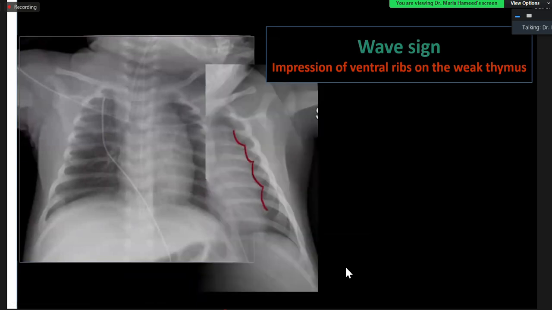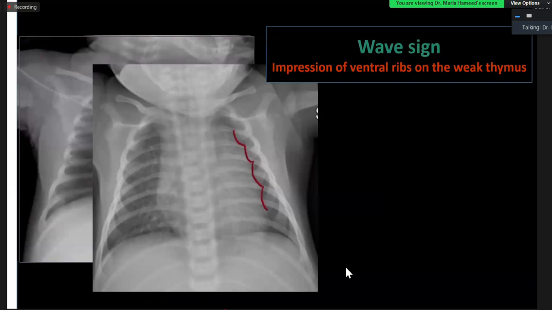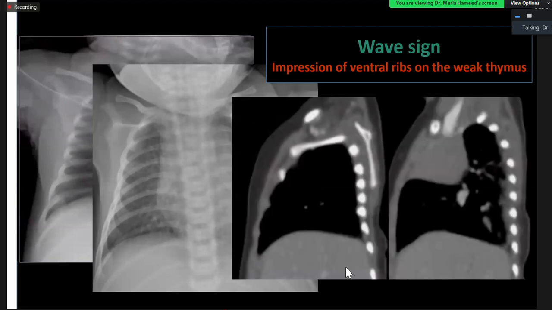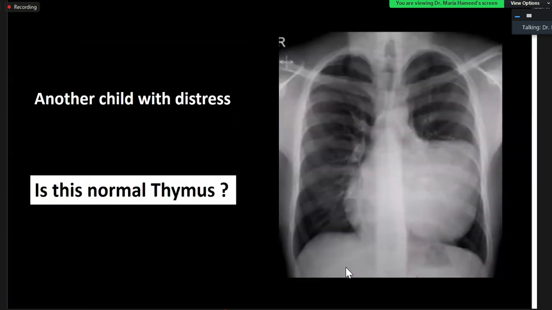So if you see such impressions on the thymic tissue, it is a sign of the thymus rather than a pathology. So beware, keep it in your mind. On this sagittal CT scan, again, there are impressions on the lung tissue because of the ventral ribs. So the take home message of this slide is to beware of the normal variants.